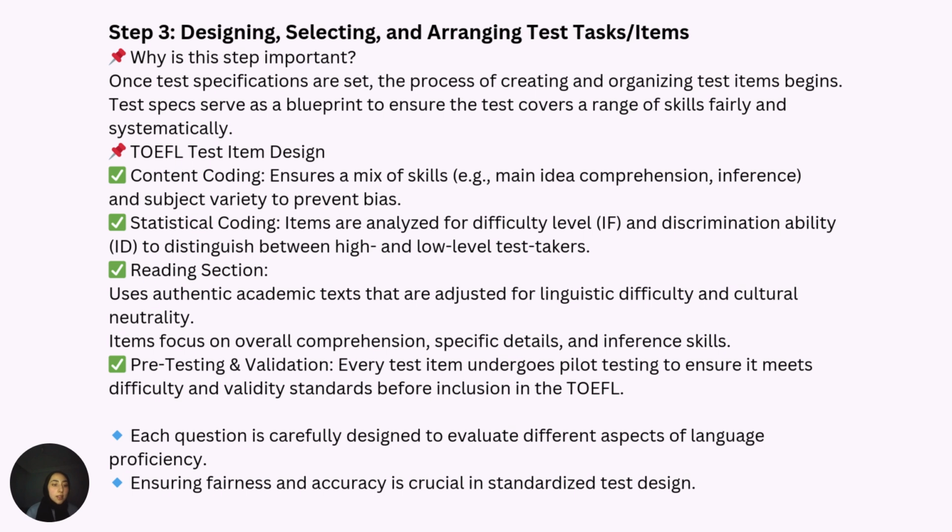And we can say each question is carefully designed to evaluate different aspects of language proficiency. So, what does it mean? It means that we should test more than one skill, and it should be really clear and, I think, specific. And again, ensuring fairness and accuracy is crucial in standardized test design.